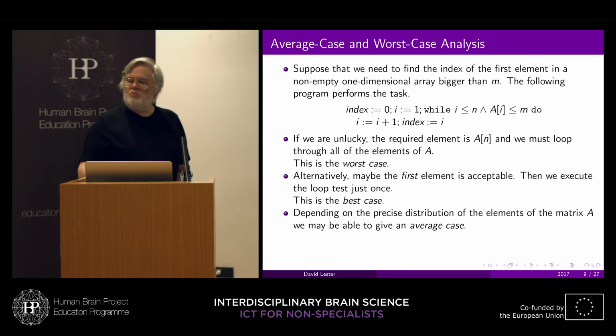Depending on the precise distribution of the elements of the matrix A, you may be able to give an average case. Now, I want to caution you here to be very, very careful. We need to define what the random distribution of the elements in the matrix is precisely before we're actually able to say anything about what the average case is.